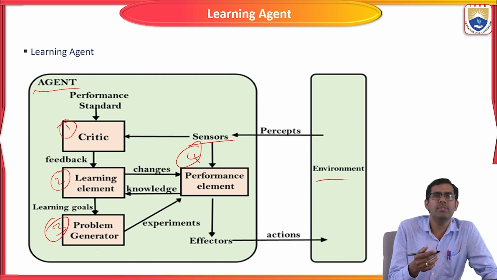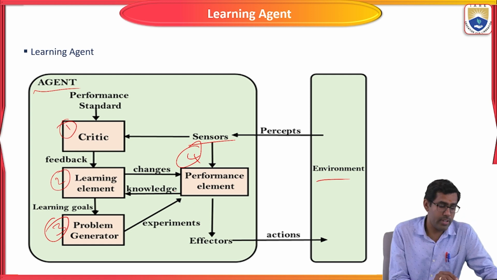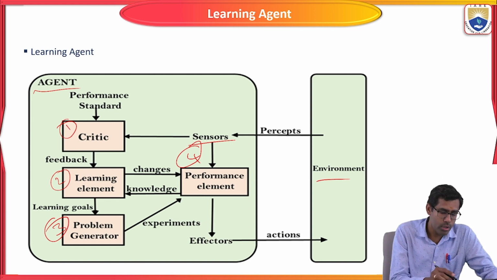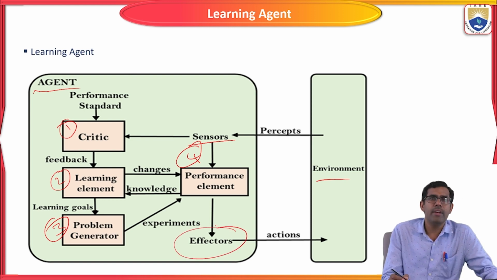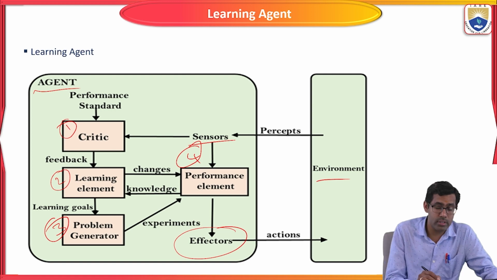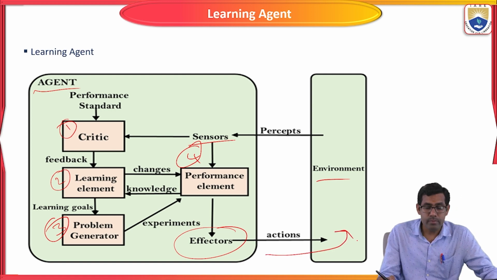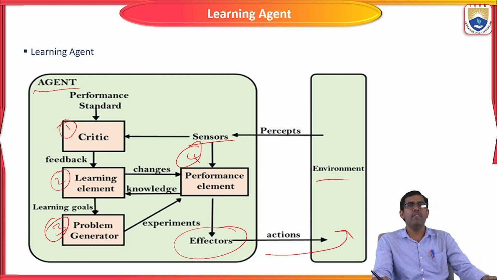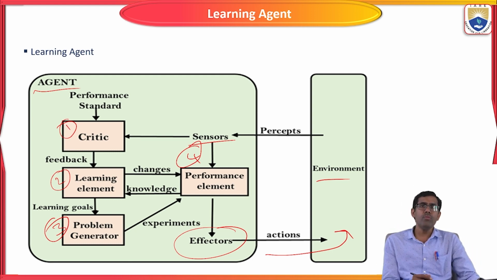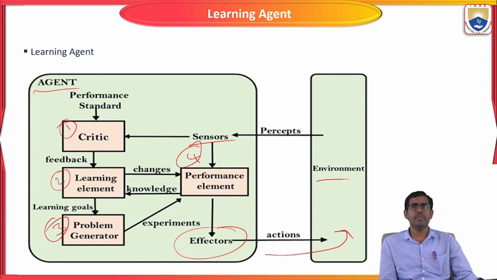We are going to generate something in the environment, change something or gain some knowledge from the previous sessions. Through the effectors, it affects the environment through the actuator. We take some action on the environment. That way the learning agent performs and takes action on the environment.